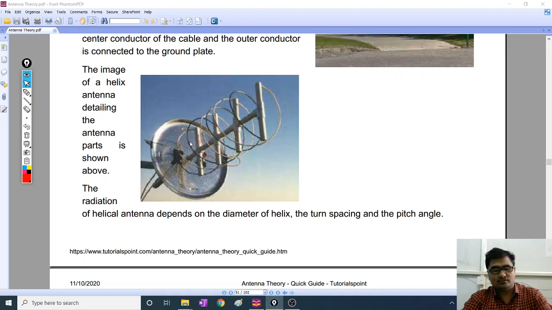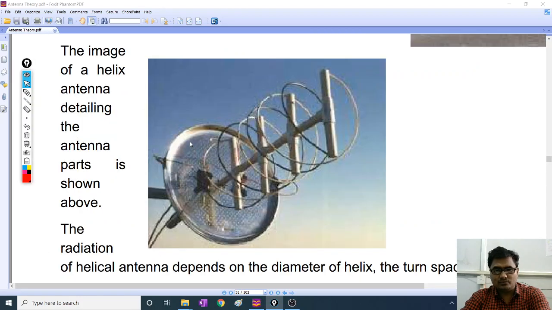There is another example. Now that image is quite okay. Now let me have some work on that also. Now look at this. This is actually the antenna. Look at this. It is wound. So these windings are nothing but the actual antenna.